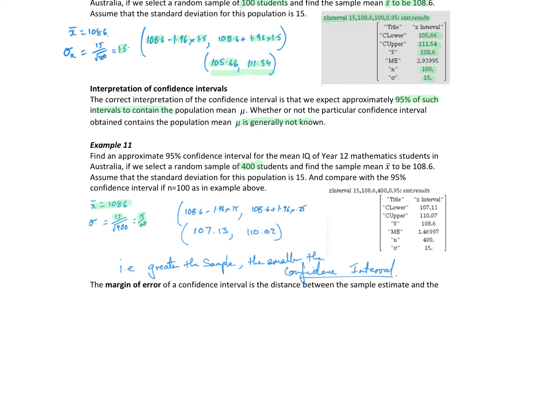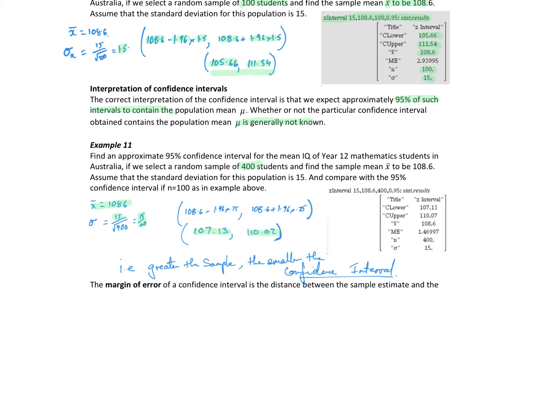So now 108.6 minus 1.96 times 0.75, to 108.6 plus 1.96 times 0.75, gives me an interval of 107.3 to 110.2. So you notice it's a lot smaller.